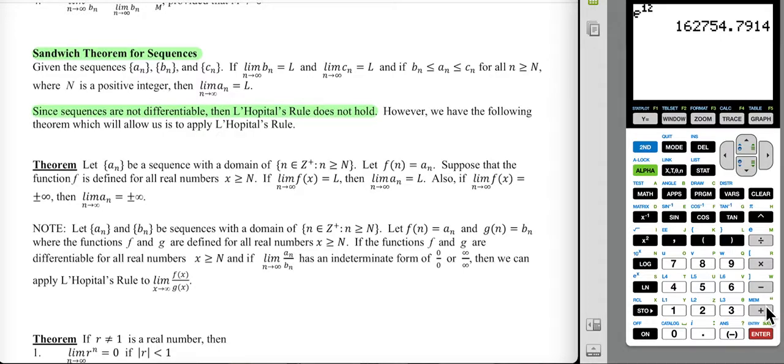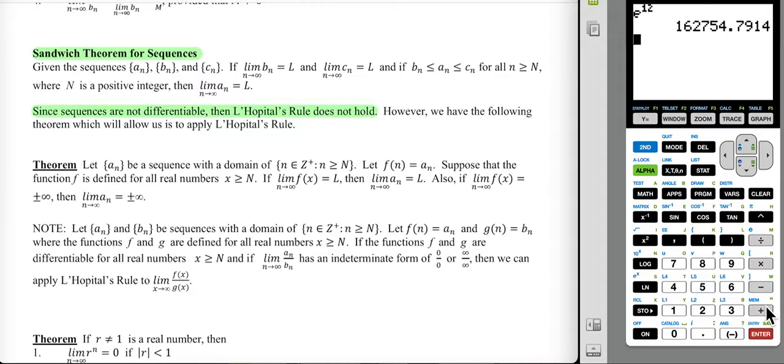Then what we could say is, if the limit as x approaches infinity of f of x goes to L, then we could say the same thing about the limit as n approaches infinity of a sub n.